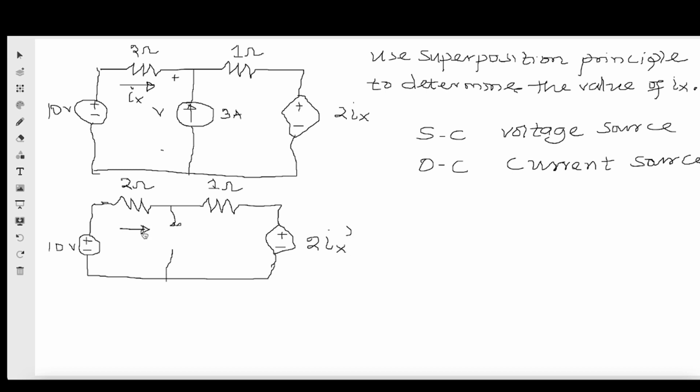And we'll be naming our Ix as Ix prime here. It is not Ix again because we've already removed the source. So Ix prime, and from here you can see that this is a single loop circuit.